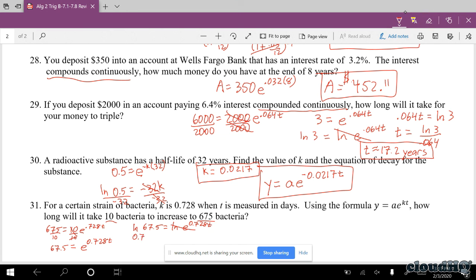So 0.728 T is equal to the natural log of 67.5. We'll divide that by 0.728 to get our answer, about 5.8. It says here, this is the number of days. On my answer key on Canvas, I wrote years, but I didn't read it very well. It should have been days.